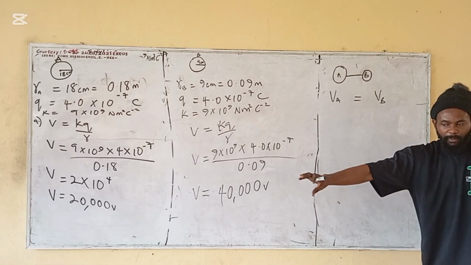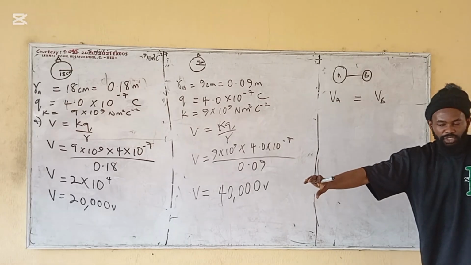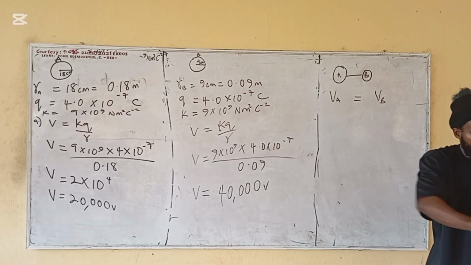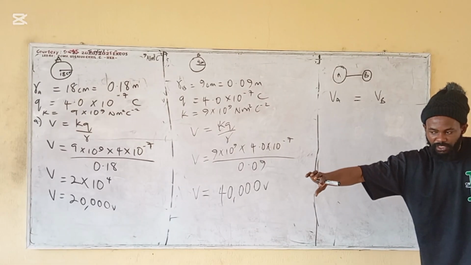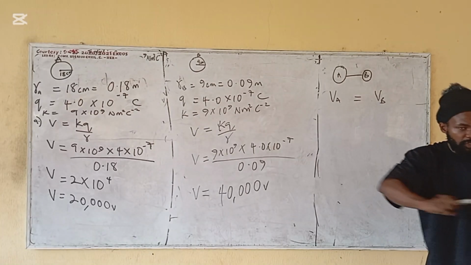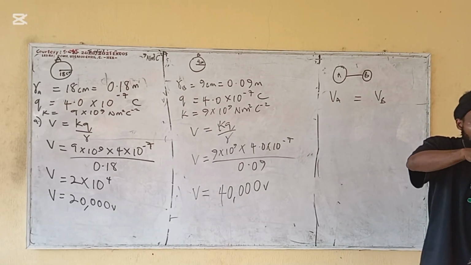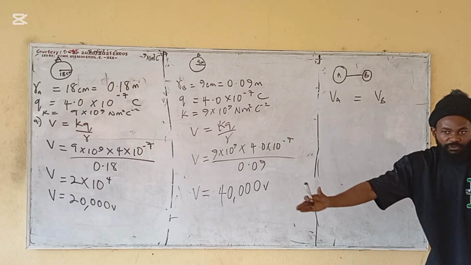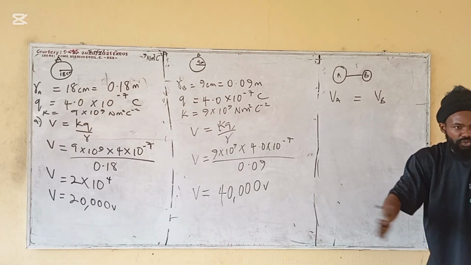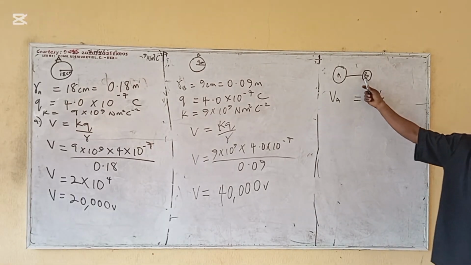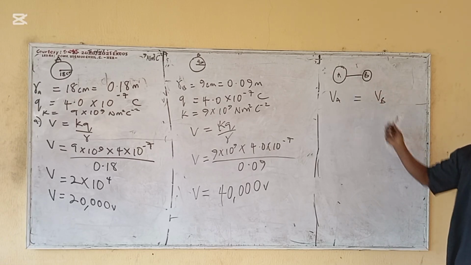So they will be equal. The work done in moving charge from this point to this point will continue until it is no longer too high at the region of higher charge. They will now be moving equally. So once you are connecting it with a wire, VA should be equal to VB.